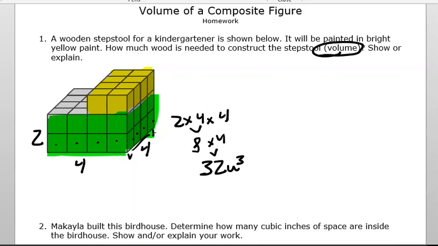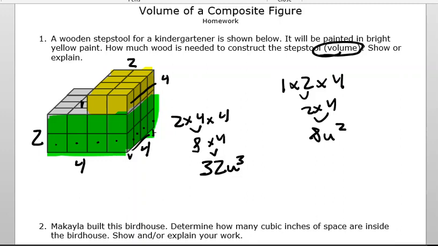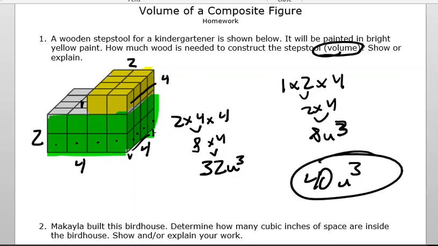And then for this part of the step stool, I have 1 by 2 by 4. So I'm going to go 1 times 2 times 4, which gives me 2 times 4, which gives me 8 units cubed. Okay, so in total, I'm going to have 40 units cubed.